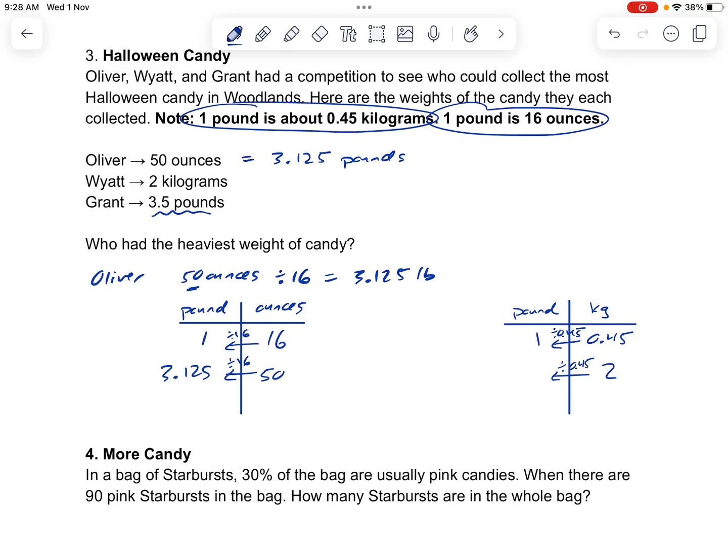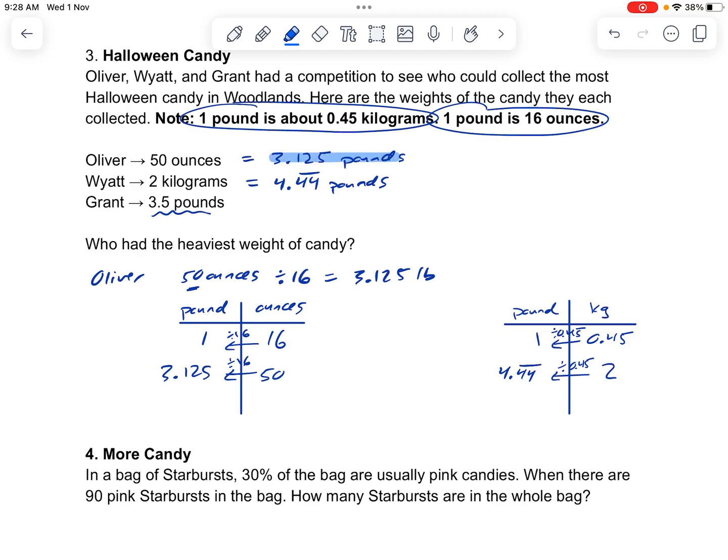So if I take 2 divided by 0.45, that is going to give me 4.444 repeating pounds. Okay, that's what popped up on my calculator. So I'm going to write 4.444 repeating pounds. So now it's really easy to put these in order. Who had the heaviest?